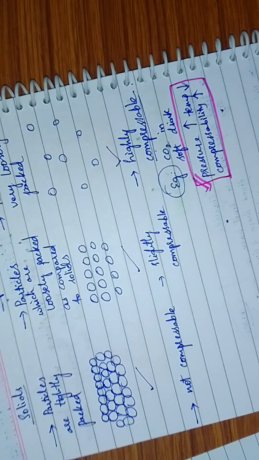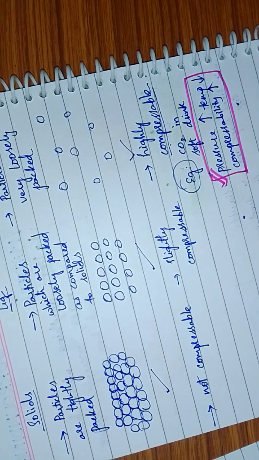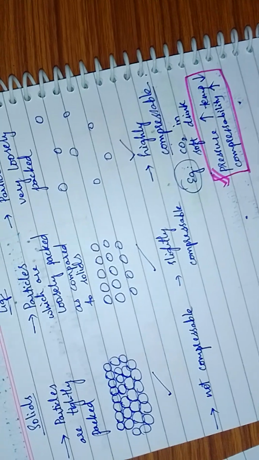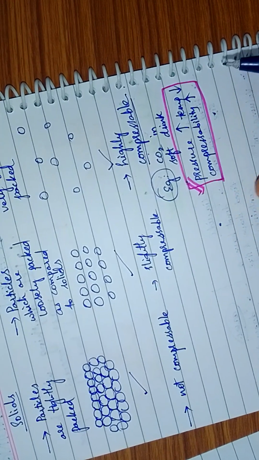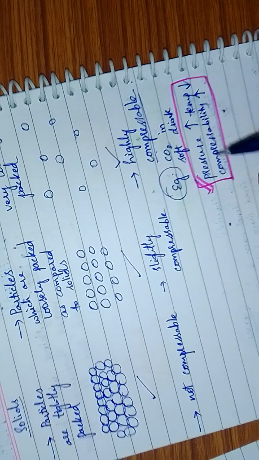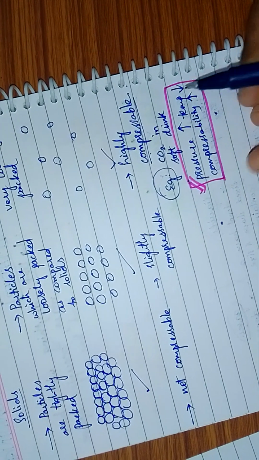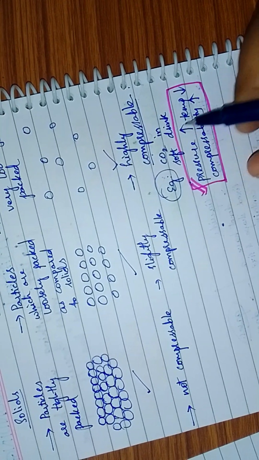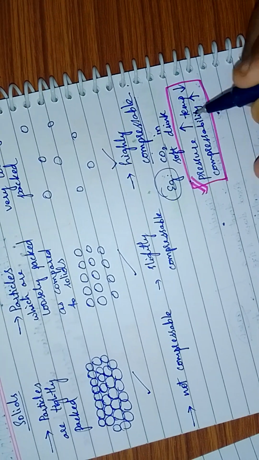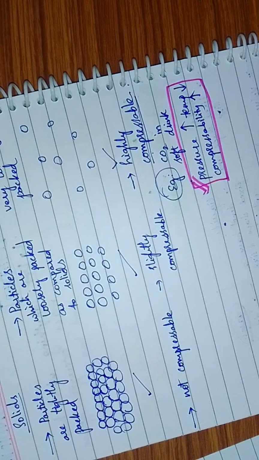It will be very helpful for you. I mean, there is no rule that temperature should decrease if pressure increases, but in a condition where the pressure is increasing and the temperature is decreasing, then the compressibility of gases tends to increase.